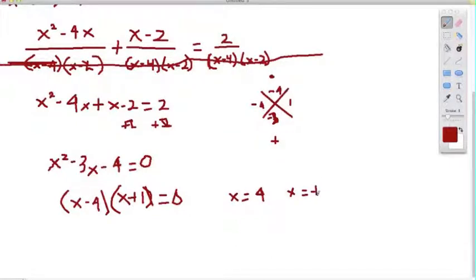Okay? So it could either equal x equals 4 or x equals negative 1.